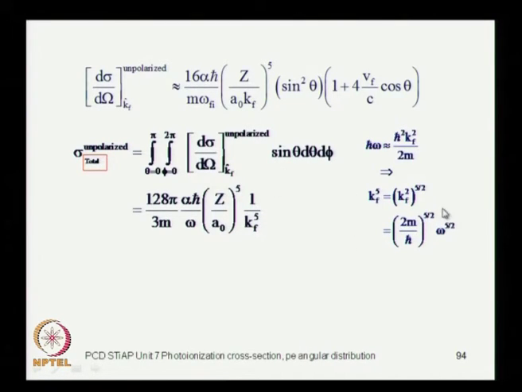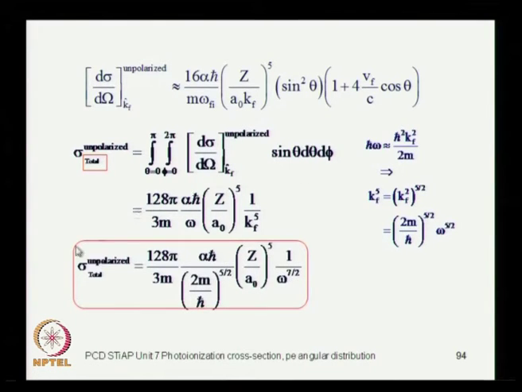And 1 over k_f cubed goes as the denominator of this term on the right, and you get the expression for the total cross section for unpolarized light. Here there is omega to the power 5/2 coming from this k_f to the power 5.